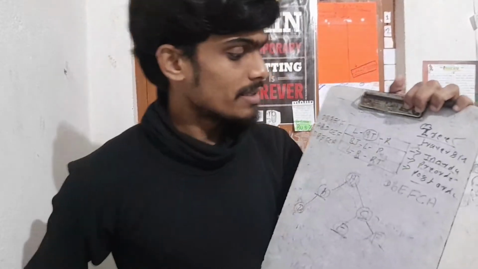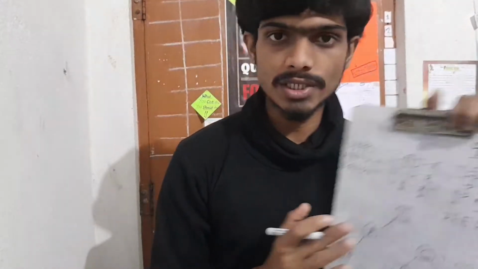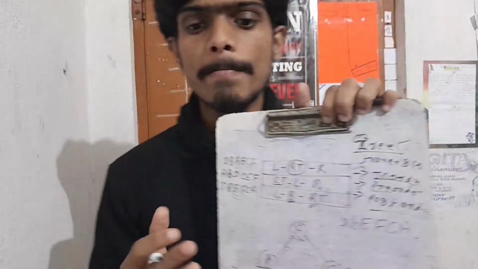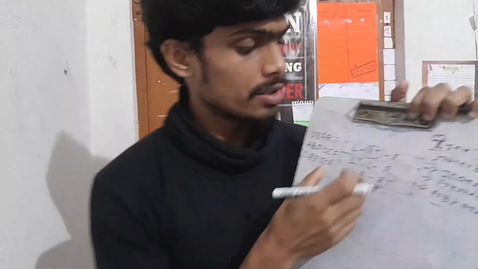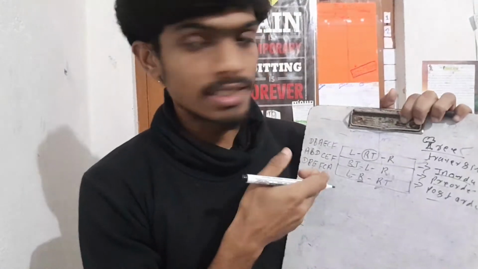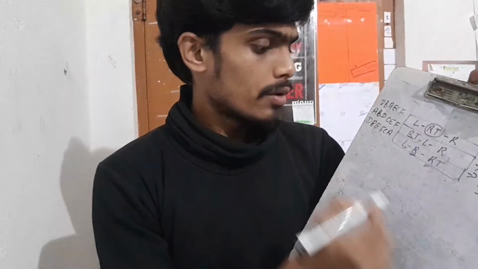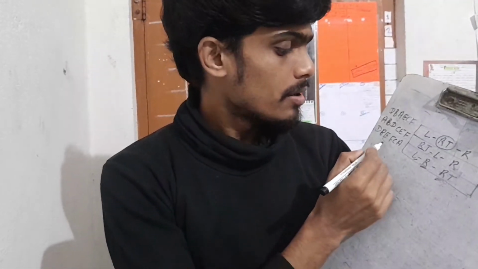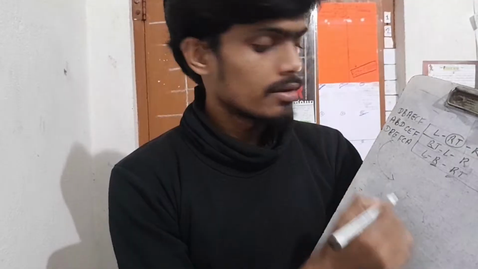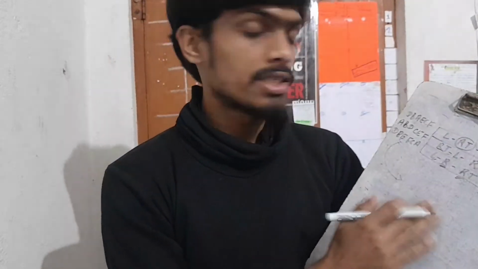So these are the methods of traversing that we studied in the tree. And now, how can we construct this tree by using these? We converted the tree into this format. Now we will make the tree from this. So how can we convert this into a tree?